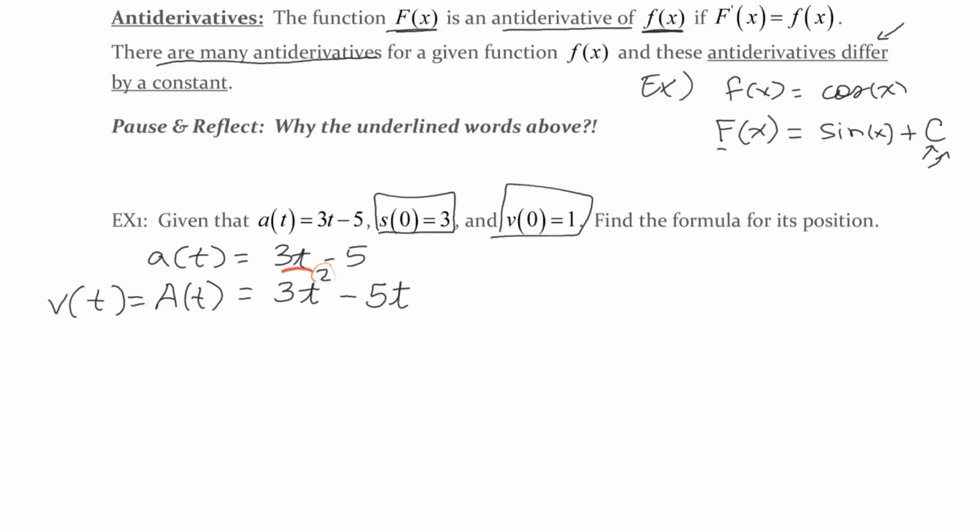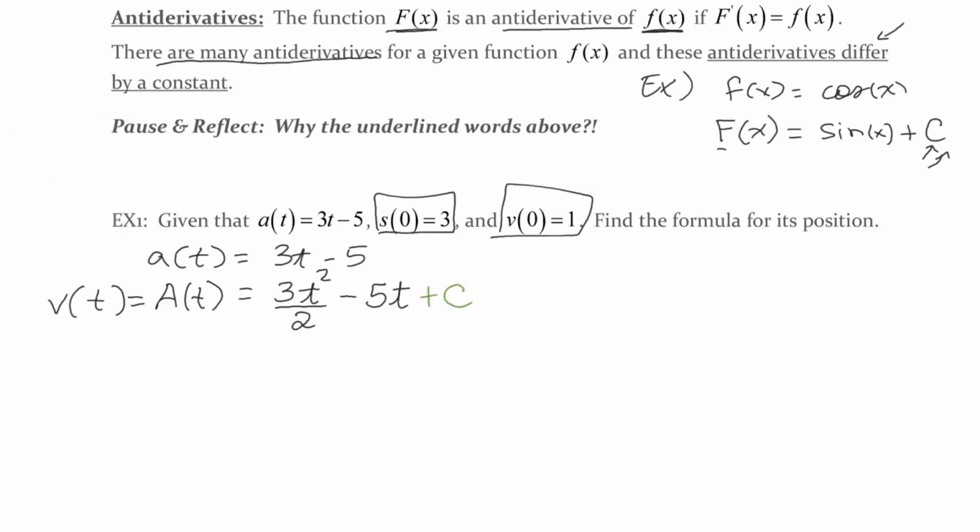But once we bring down the 2, that would have been 6. So what do we need to undo multiplication? Division. Now we can see that when we bring down the 2, that 2 will cancel with this 2. That leaves us with 3, and then t to the first power. And that is not it yet, because it could be differed by a constant.